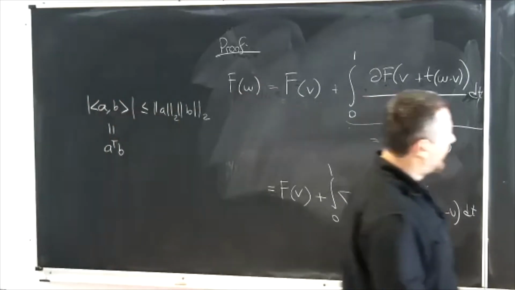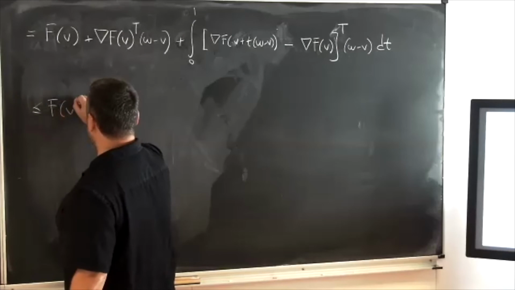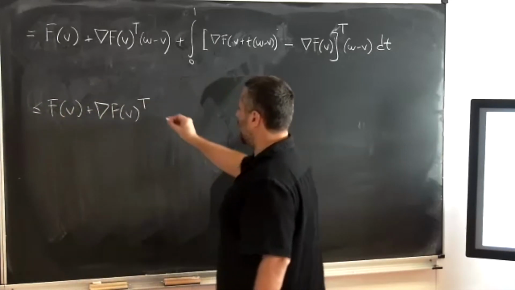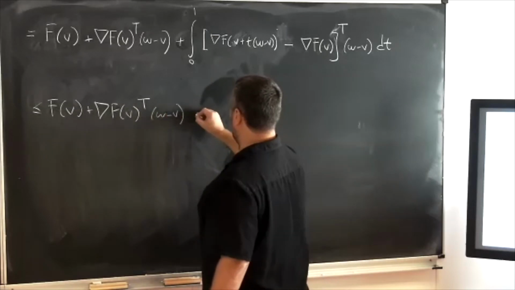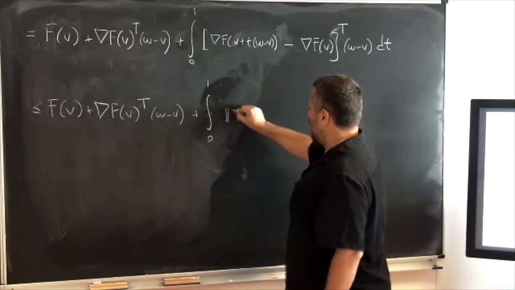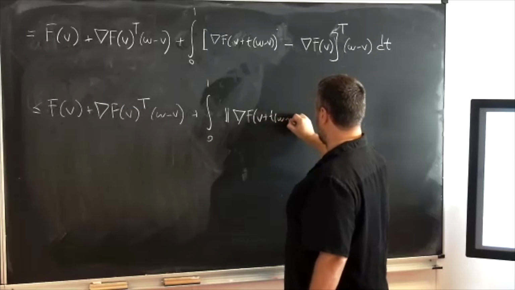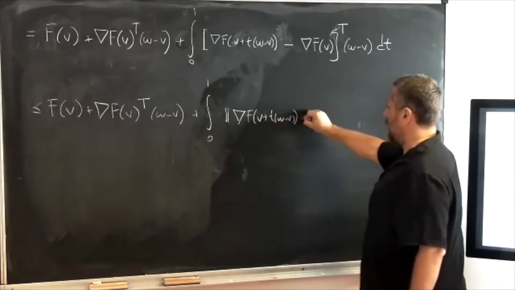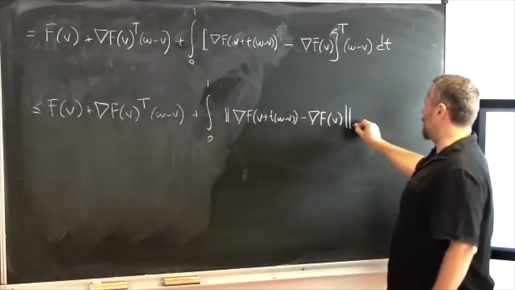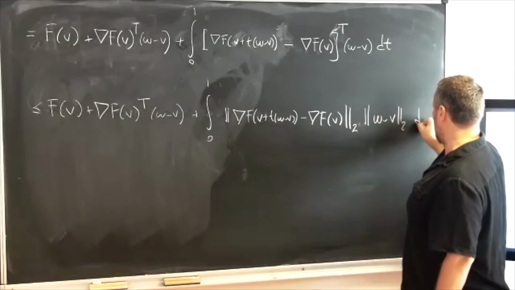So I'm going to use that. This is smaller than or equal to the integral of the norm of the gradient of f at v plus t times omega minus v, minus the gradient of f at v, L2 norm, times omega minus v L2 norm, dt.